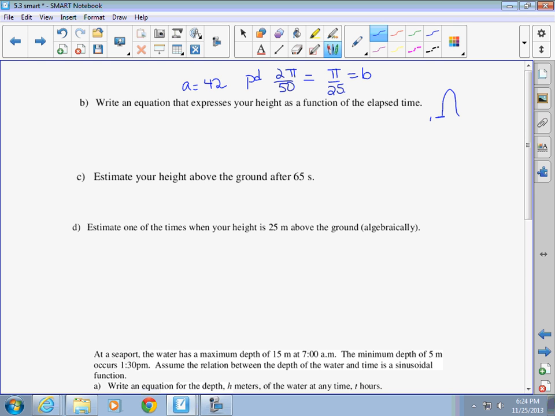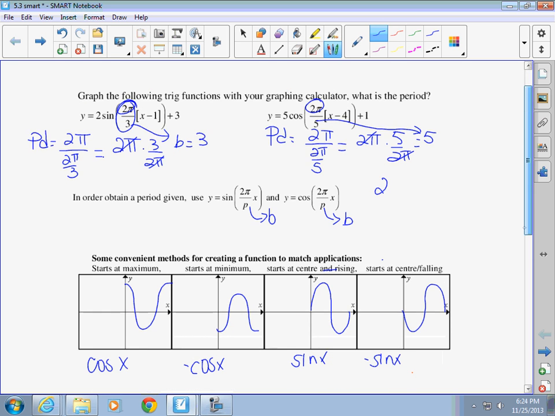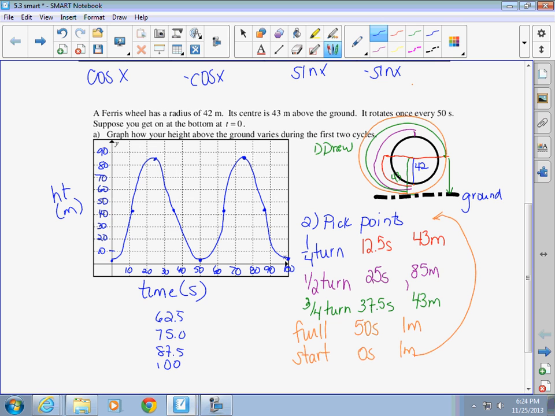If we look at then that K value, the K value is always your maximum plus your minimum, and then divide by 2. So if my maximum was a 43, plus my minimum, which was 1, and I divide that by 2, that gives me 44 divided by 2, so it's a 22. So if you think about that on the graph here, if we look at where our center line would be, it would be going up.